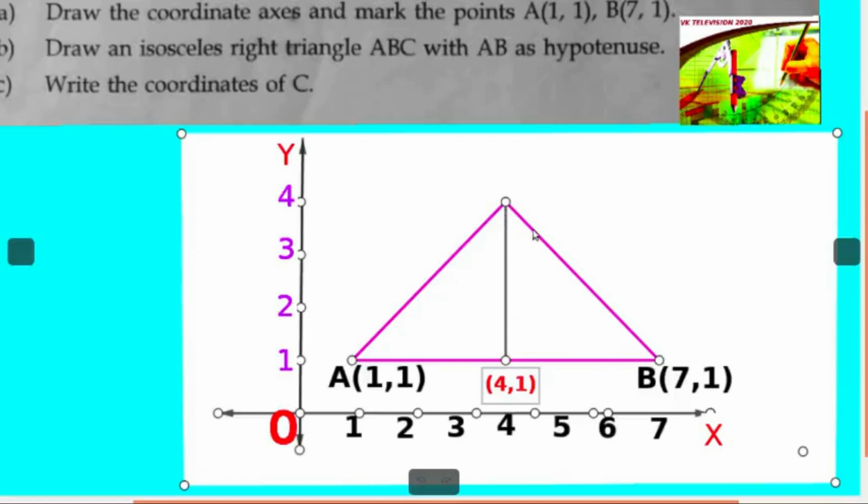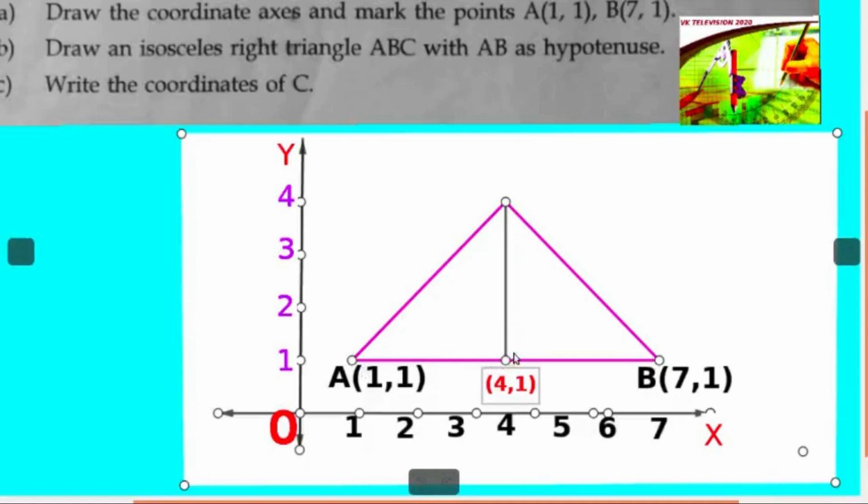Since this angle is 90 degree, these two angles must be 45 degree. This line bisects the 90 degree angle into 45 degree each, so this angle is also 45 degree. So these two sides are equal.